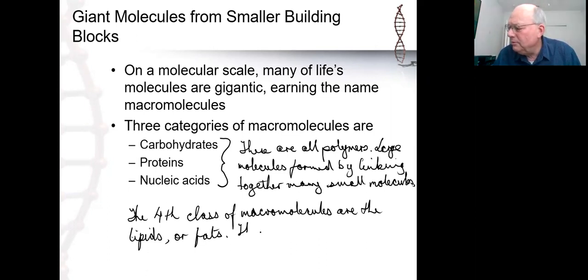These are large, but are formed from molecules that were already large.